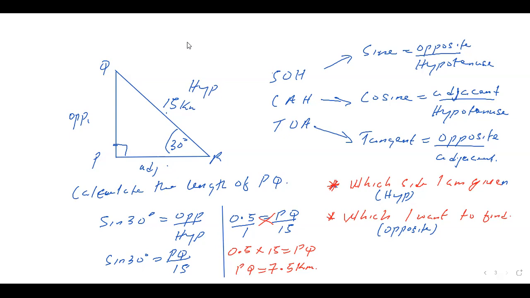And I put in the numbers that I was given. So you substitute the values, right? And then I cross multiply and transpose and get that. Beautiful. As simple as that.